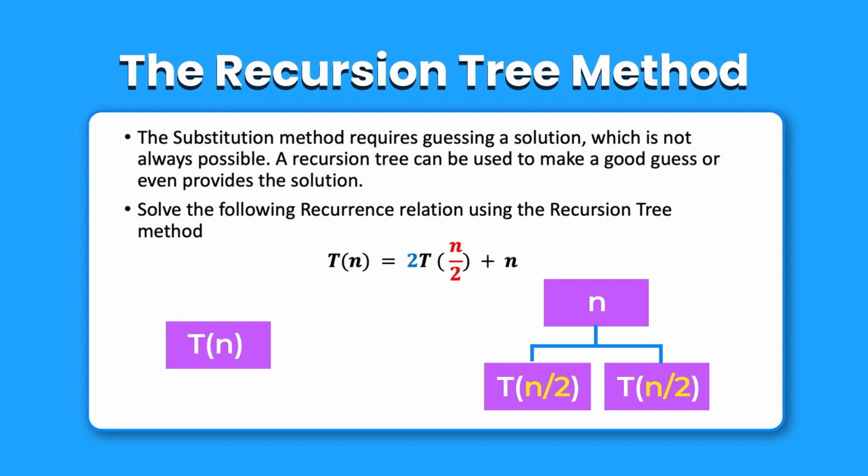The n is there because you are joining two parts: T(n/2) and T(n/2). These two parts are there, and n is the time required to join them. So that is what it represents.